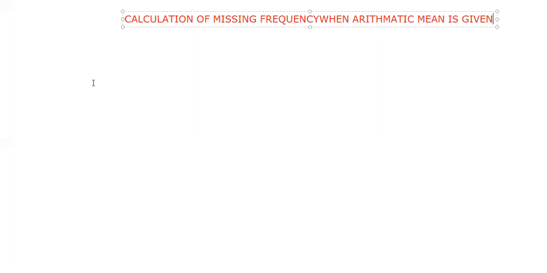That means we will be given a question, and in that question one frequency will be missing, and already in the question we will be given the arithmetic mean's answer. That means the answer will be there in the question itself, and the question will ask us to find out the missing frequency. क्वेश्चन हमें पूछेगा कि उस क्वेश्चन में मिसिंग फ्रीक्वेंसी को फाइंड आउट कीजिए. That we have to find out. वो हमें फाइंड आउट करना होगा.